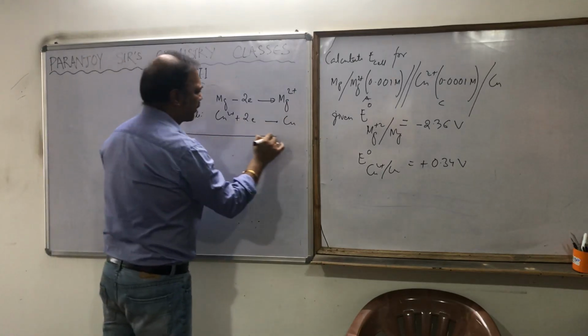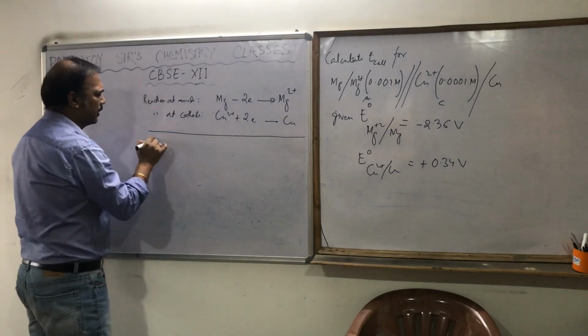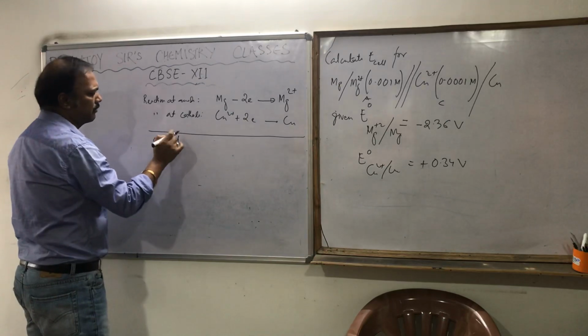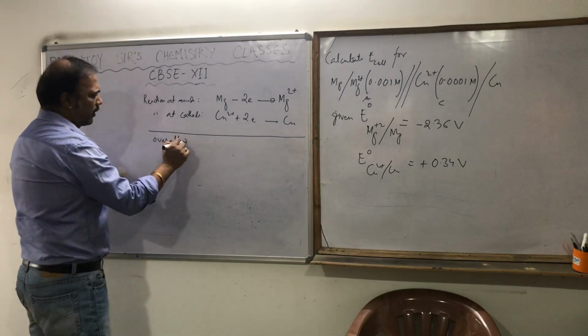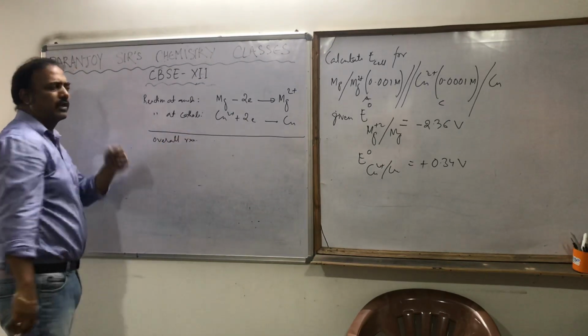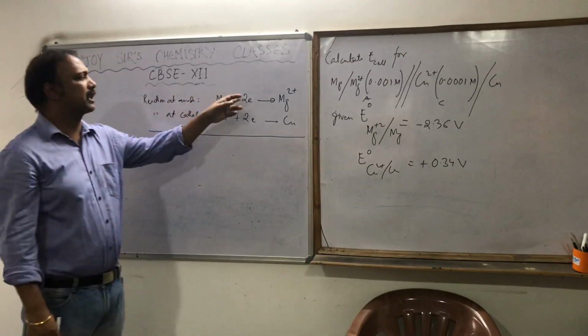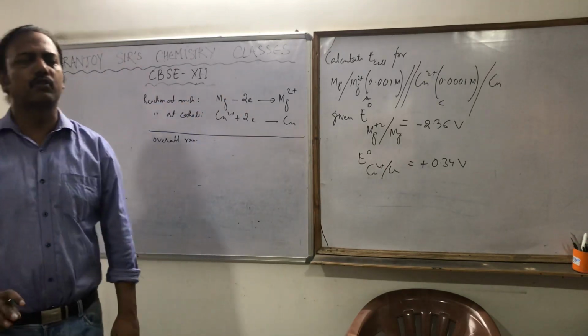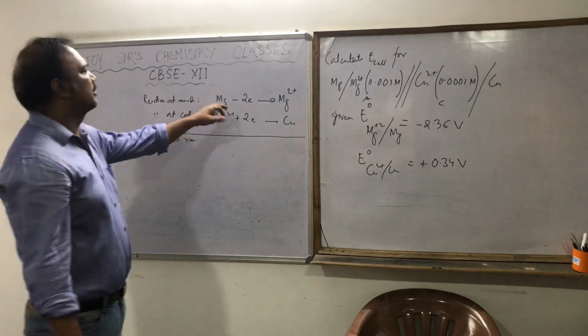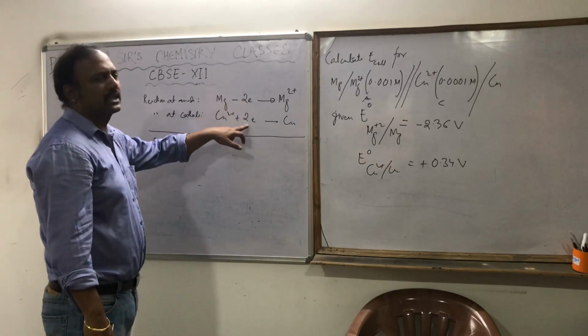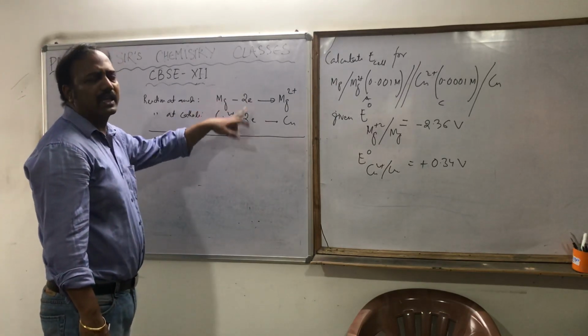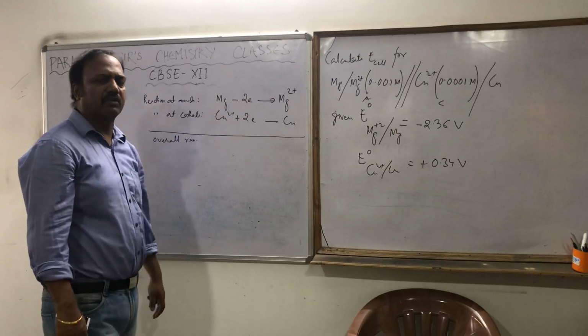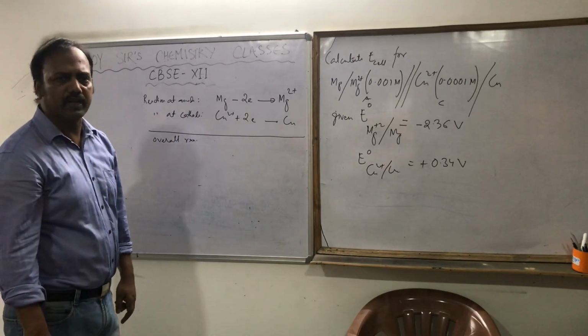So what is the overall reaction? Whatever I am doing is the one we have to do. In this particular case, the number of electrons is the same, so there is no need of multiplication. Suppose in one case there is one electron and in the other case there are two electrons, then you have to balance the electrons, and only then write out the overall reaction.